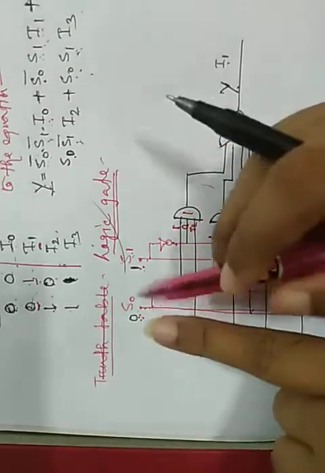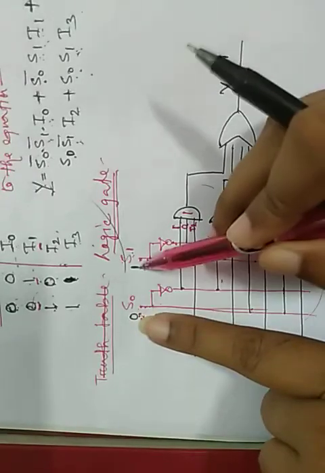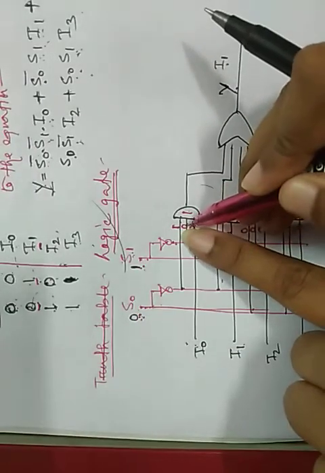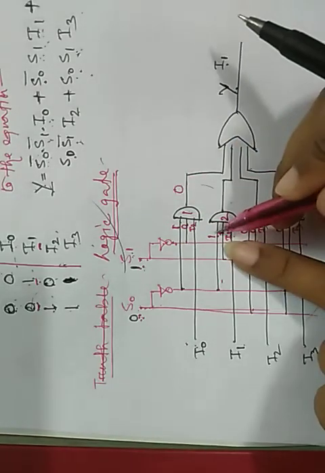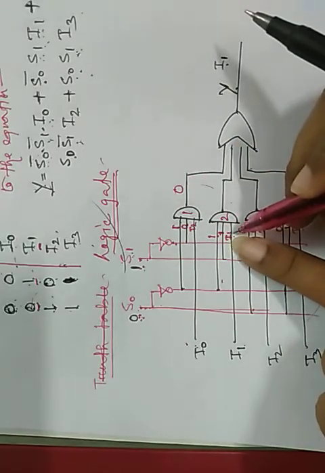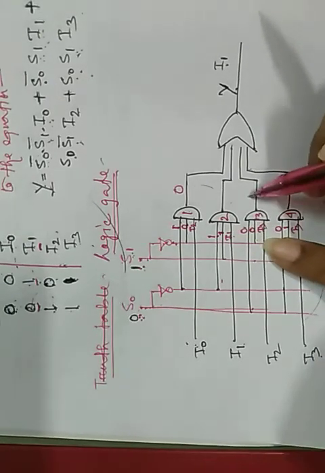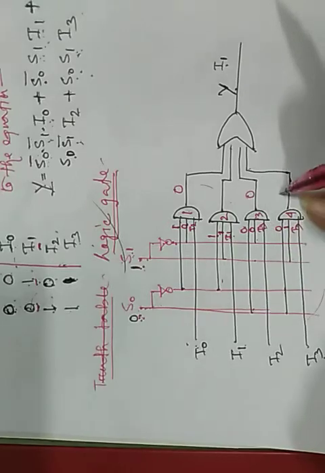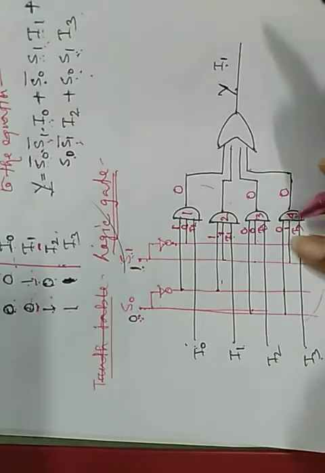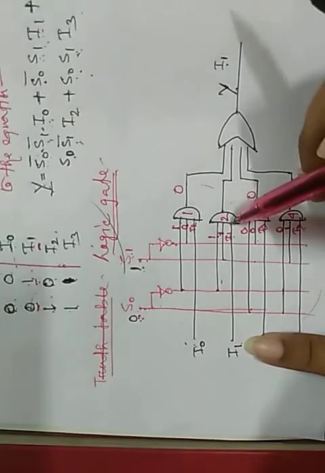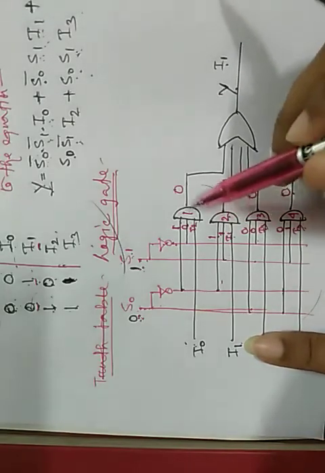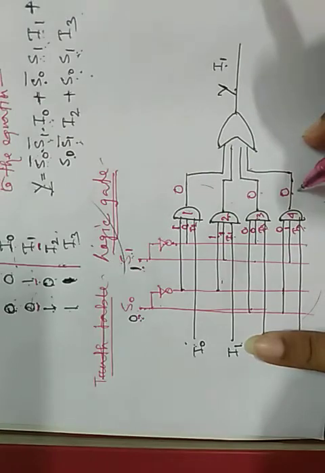So you can see in the first AND gate we get 0 and 1 in the input line, so obviously the output is 0. In the second, there is no 0 in the input line. Third, there is also a 0 in the input line. Fourth, there is also a 0 in the input line. So the output is 0. Other than the I1 AND gate, we get all other AND gates as 0.